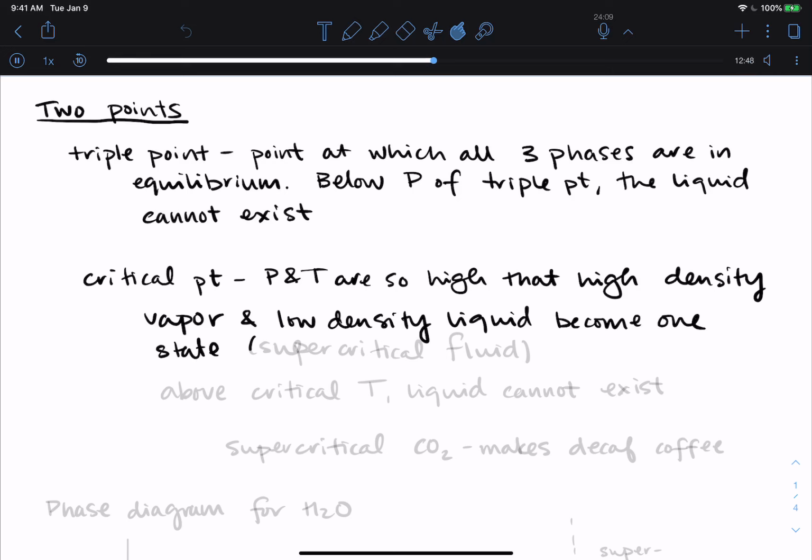We call that state a supercritical fluid. Above the critical temperature, the liquid phase cannot exist.